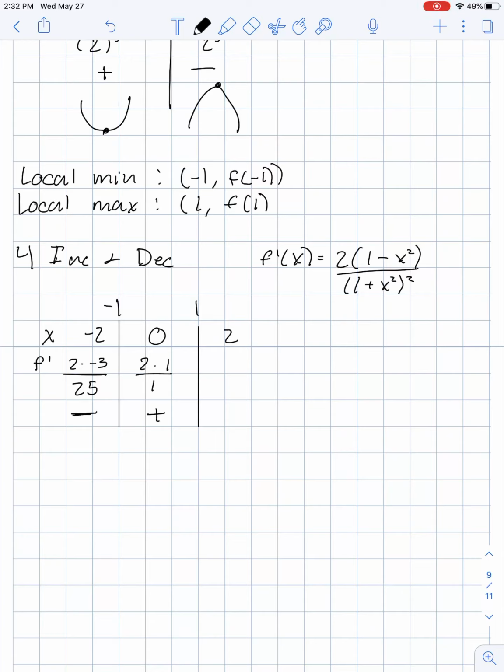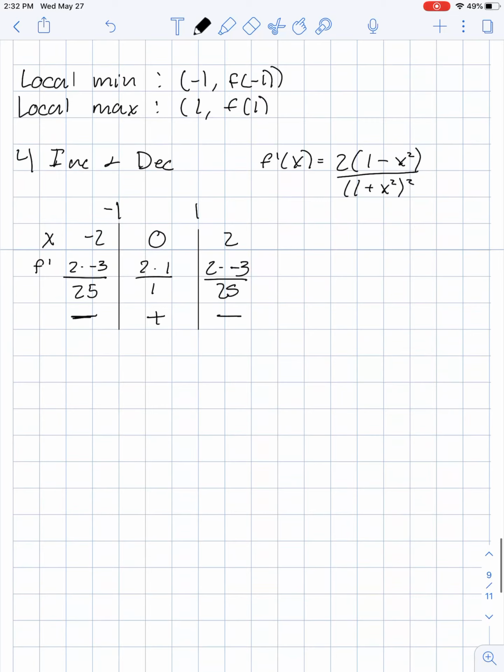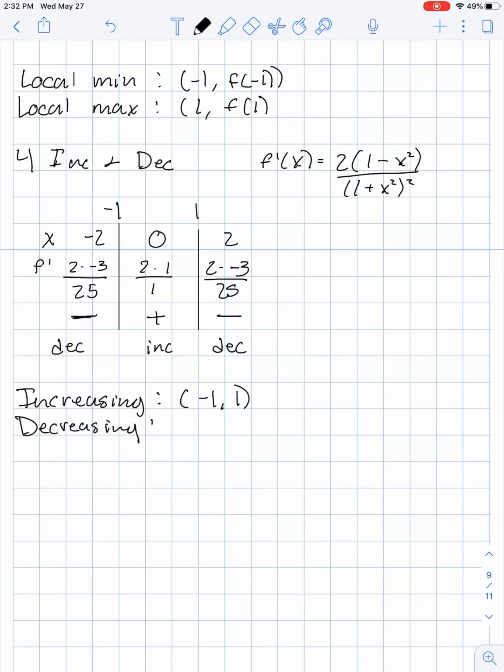And then for 2, I should get the same thing, right? 2 times -3 over 25. And that's a negative. Beautiful. So we are decreasing and then increasing and then decreasing. And then I like to write out my intervals. From -1 to 1, we're increasing, and then we're decreasing everywhere else.